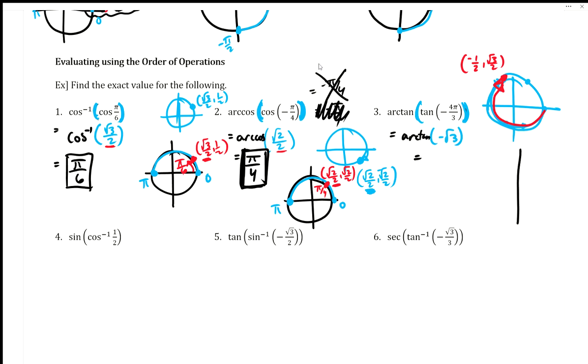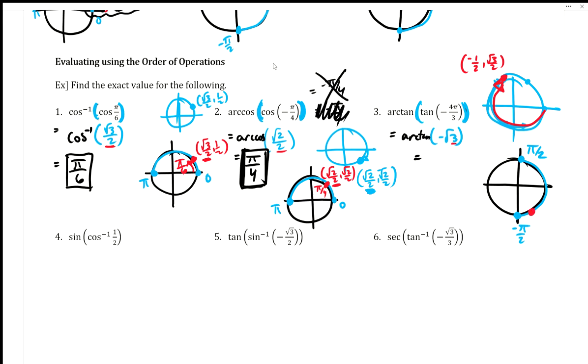Now arctan, the inverse trig function, puts you in special ranges. We must be between negative pi over 2 and positive pi over 2 for an answer. Arctangent of a negative number must be a negative angle.